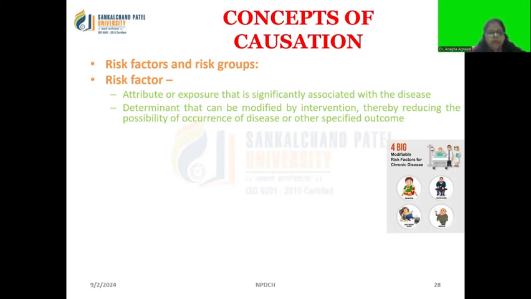It is a determinant that can be modified by intervention, thereby reducing the possibility of occurrence of disease or other specified outcome, like mechanical cleaning. So once you mechanically clean the dental plaque every 12 hours, that is morning and evening, there is less amount of disease, then it is suggestive of that particular disease.